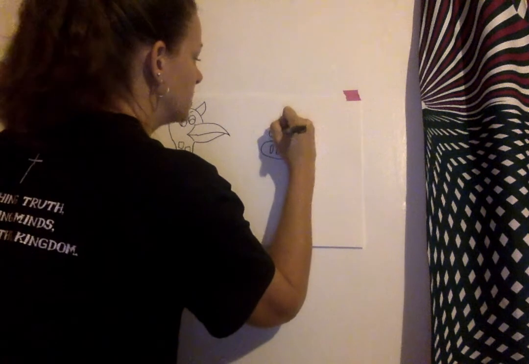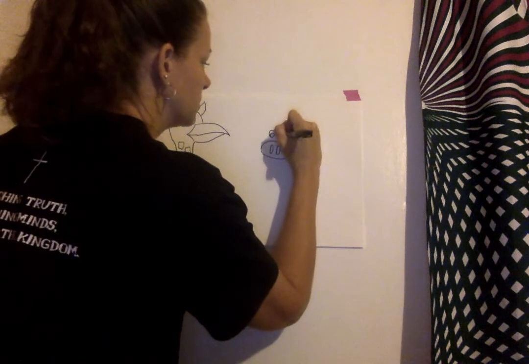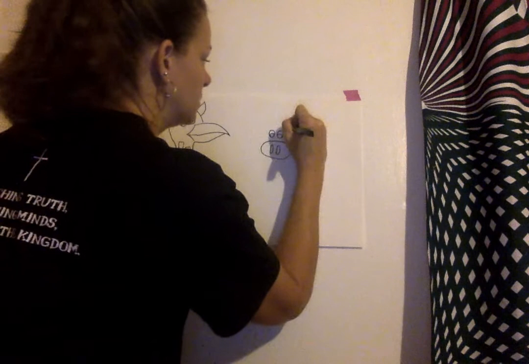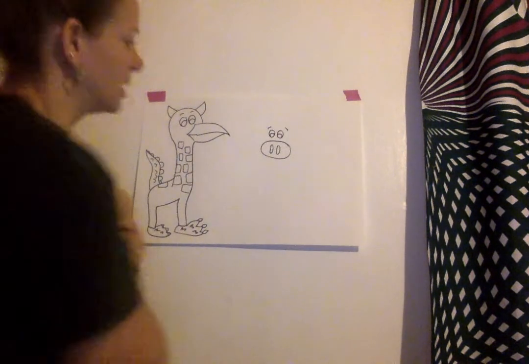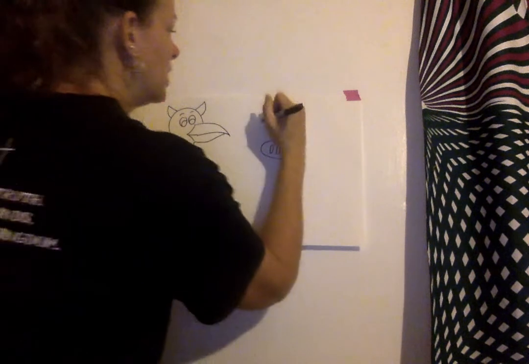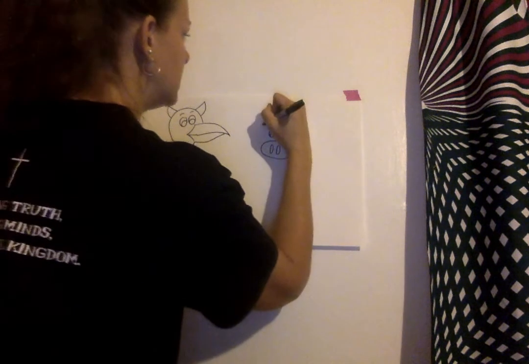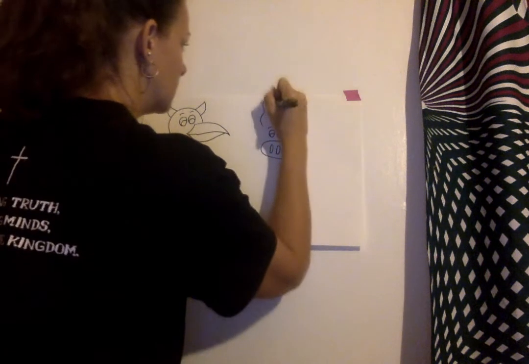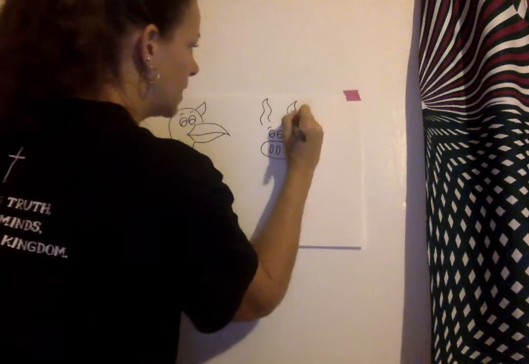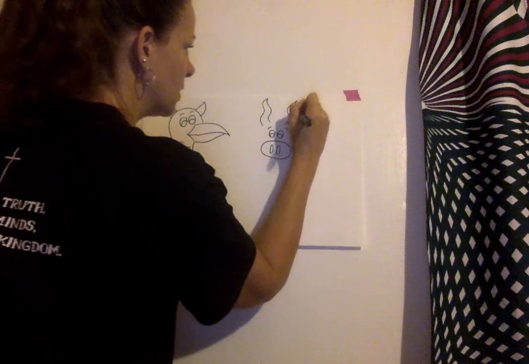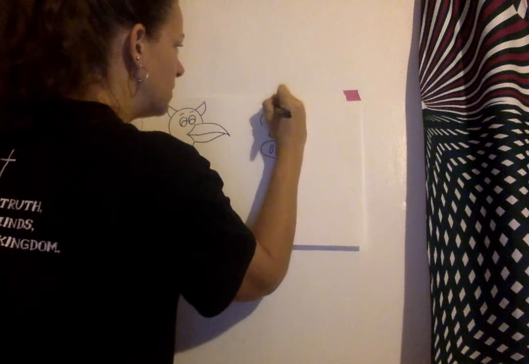He's gonna have eyes that are really close to his nose. Here's his eyebrows. Maybe he sort of looks like a cow too. I'm gonna give him some tall, twisty horns. I'll put some stripes in there so they look like they're twisting, maybe like antelope.